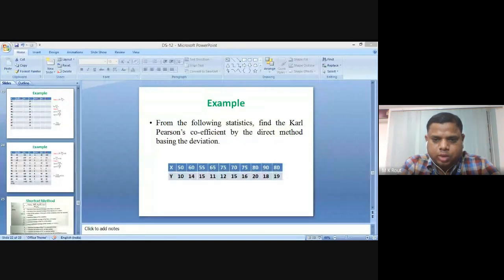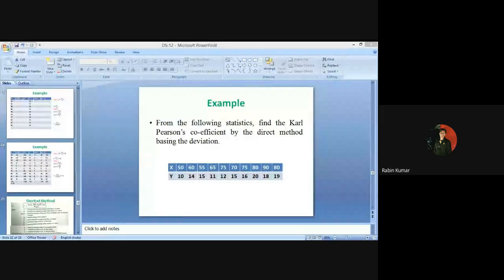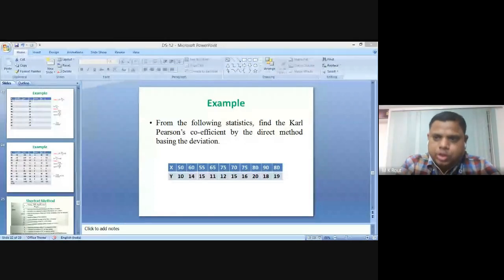It is the square root of summation of x square divided by n. Similarly, the square root of 11.83. Correct. You can drop your answer in the chat box so that all of you can see and recheck their answers.